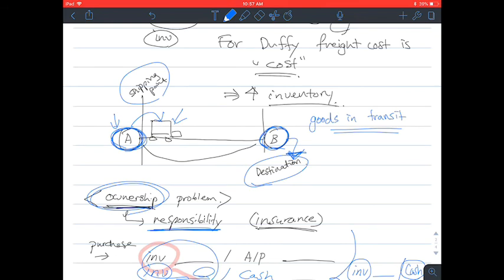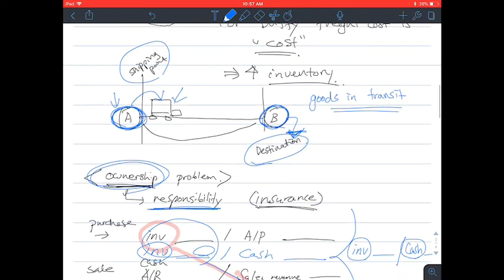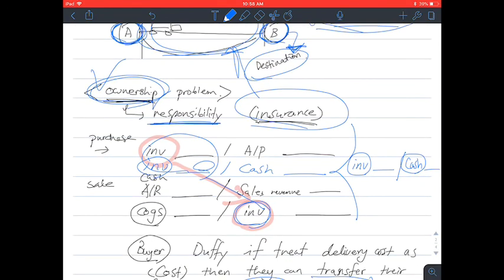There are about 8, I think, but you only have to remember these 2, shipping point and destination, for this problem. Okay, so ownership problem occurs, and you have to take responsibility during goods in transit. That's why we buy insurance for this kind of transportation.